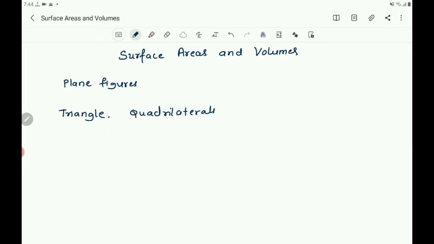It includes common quadrilateral, square, rectangle, rhombus, trapezium, kite, etc. And also circles, all polygons are plane figures. And what are solid figures?